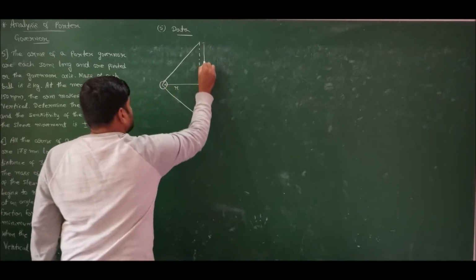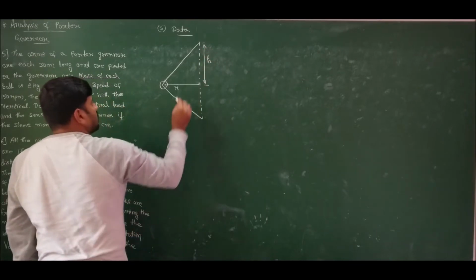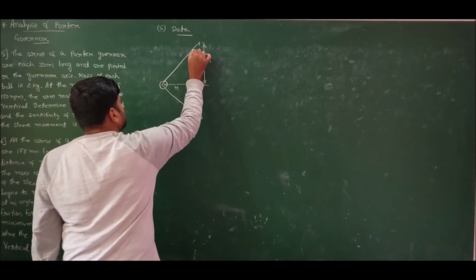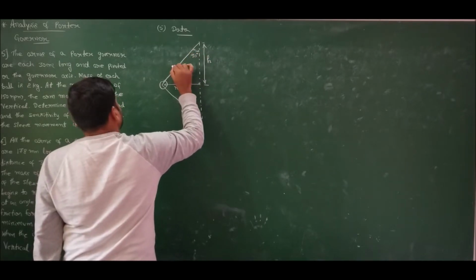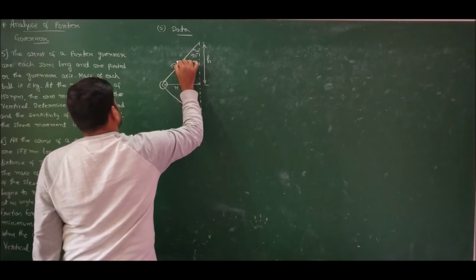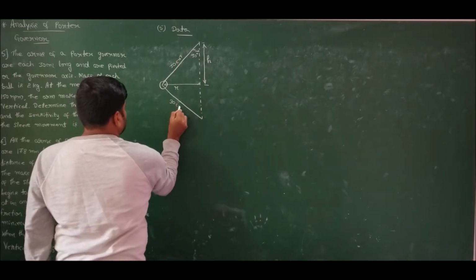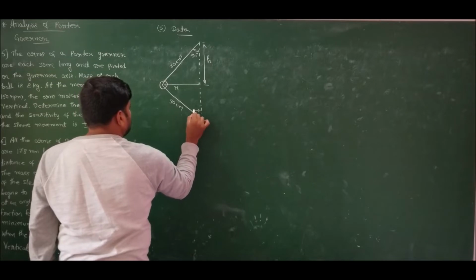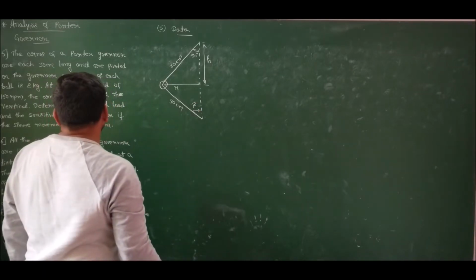At the mean position we have mean height h, and at the mean position the angle is also specified, which is 30 degree, and the arms are of equal length, which is 30 centimeters, and this is beta. Therefore alpha is equal to beta at the mean position.